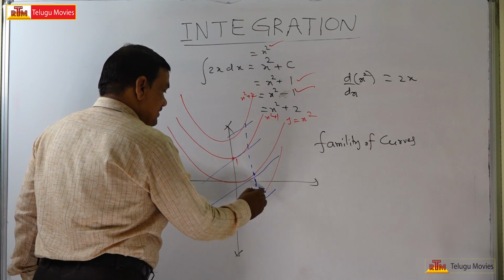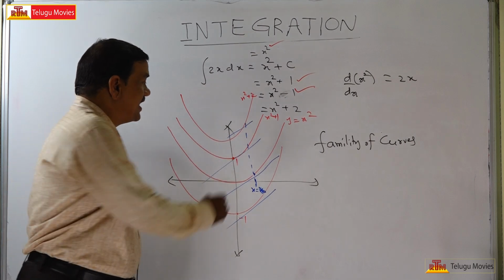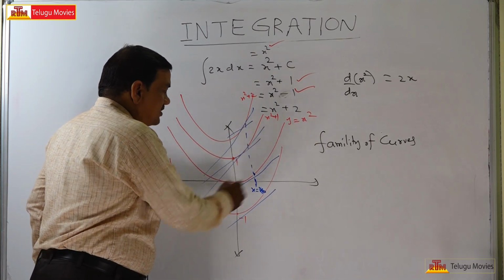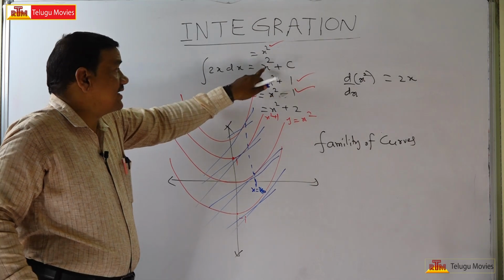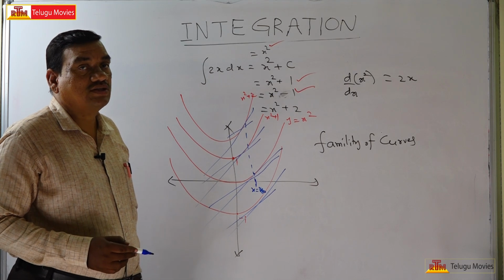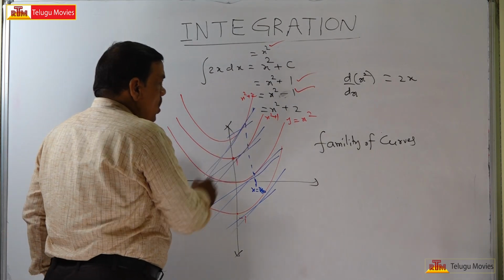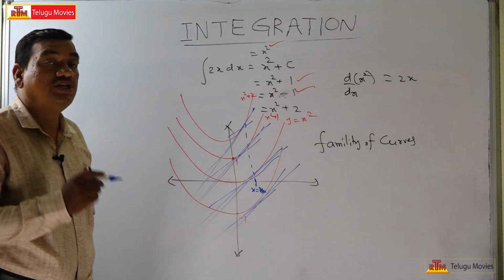At x is equal to x naught, draw a tangent, draw a tangent, draw a tangent. All these tangents are parallel to each other. In this family of curves, x square plus c, all these tangents will be parallel to each other.